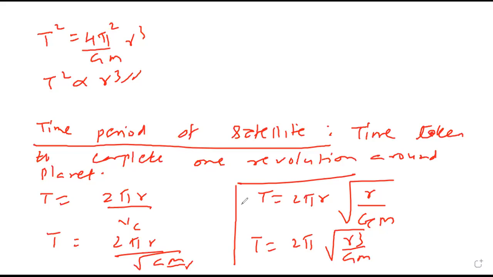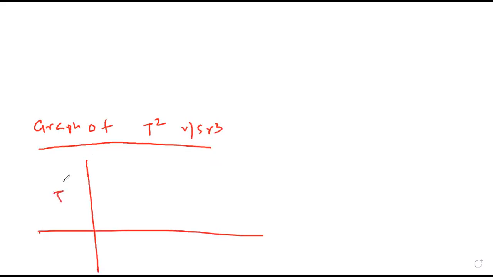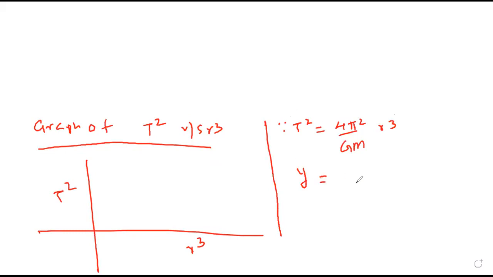Graph of T square versus r cube. Since T square is 4 pi square upon GM into r cube, if I take T square along the y-axis, this is a constant times x.